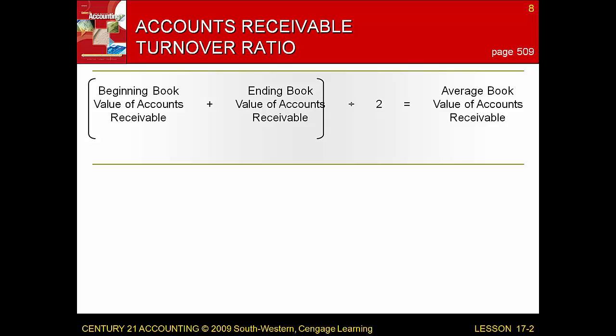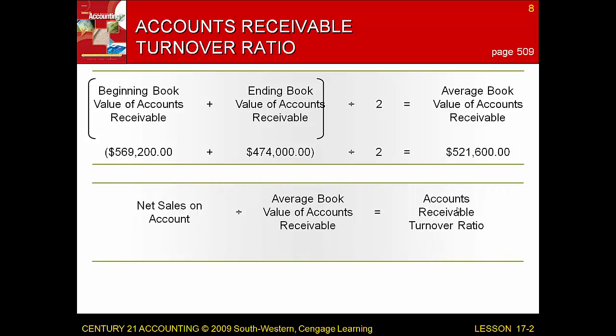So we take our beginning book value of accounts receivable plus our ending book value of accounts receivable, divide by 2. That gives me my average. Then I take my net sales on account, divide by the average number we just calculated. And our net sales on account would be a number they would give to us. So we therefore have an accounts receivable turnover ratio of 9.1.